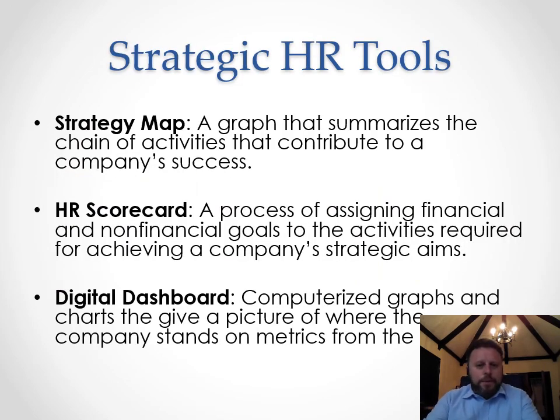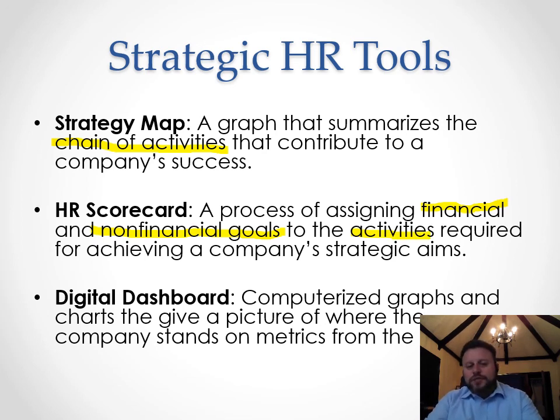So strategy map. It's a graph. It summarizes all the activities, the chain of activities. And of course, even on a computer, it would be very complicated to just look at this for a company like Sony. But it's all the activities, the chain of activities. The scorecard is quantitative. It gives financial and non-financial goals to these activities so that we can measure them.